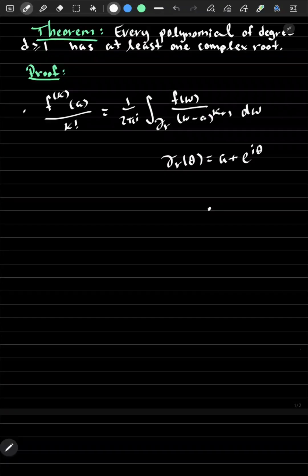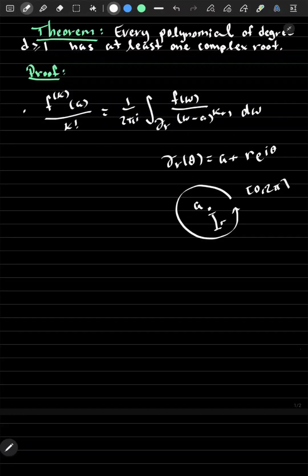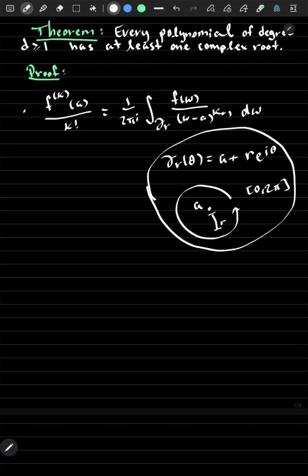This is just the curve that goes around the circle of radius r, centered at a in the complex plane. And the domain of gamma r is just the interval from 0 to 2 pi. Okay, so this is gamma r, and we have this formula here, which is Cauchy's integral formula.